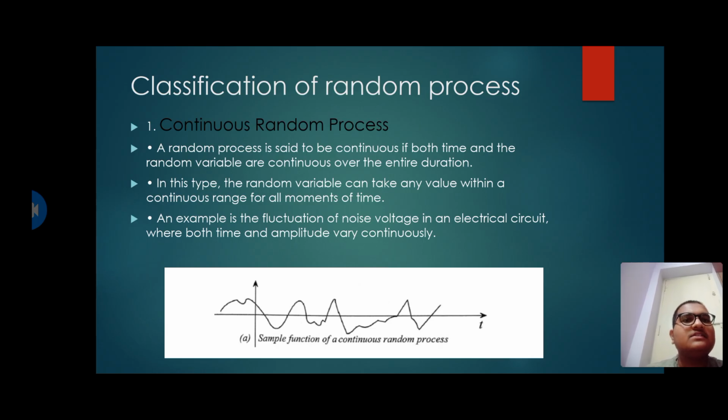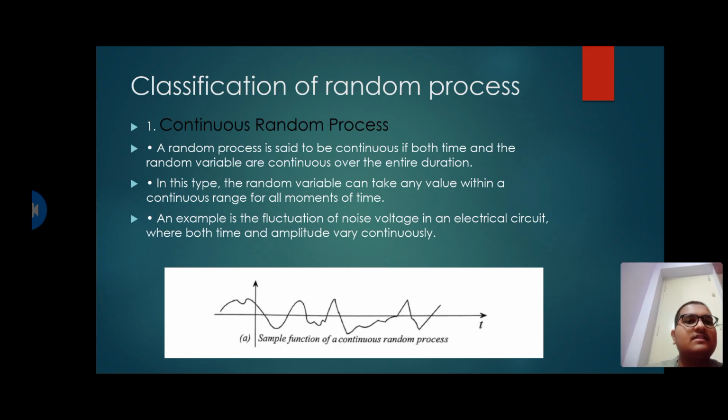An example is the fluctuation of noise voltage in an electric circuit, where the time and amplitude vary continuously. This noise voltage cannot be predicted, and it changes with respect to time, and the amplitude also varies continuously.